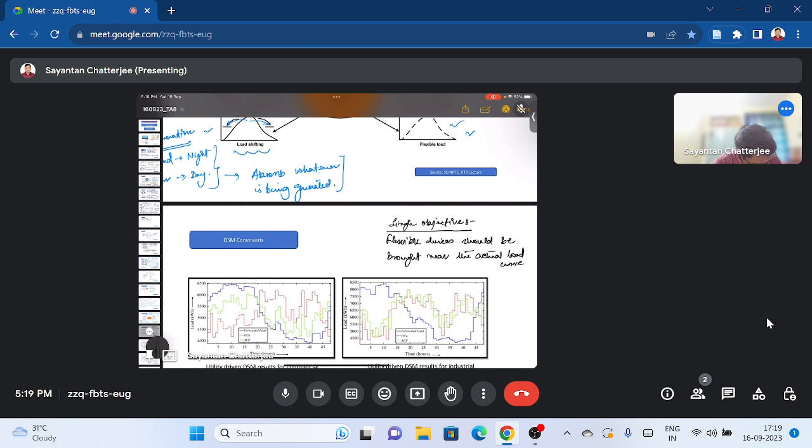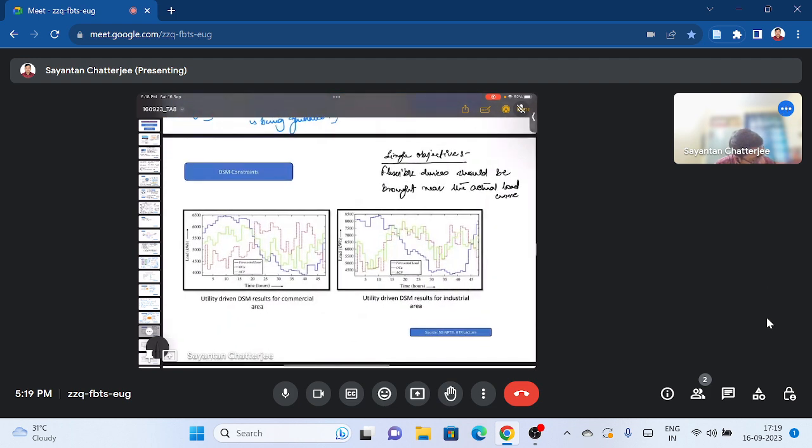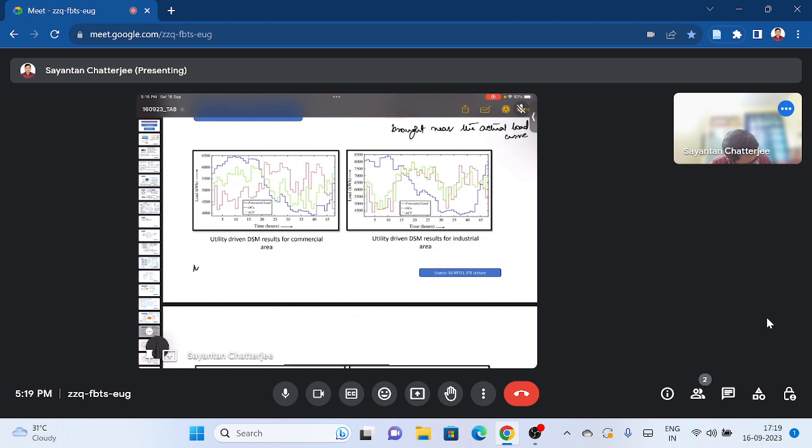And on the second half, if we consider the multi-objective function, suppose 50% for the utility side benefit and 50% for the customer side, so both these things will be met.